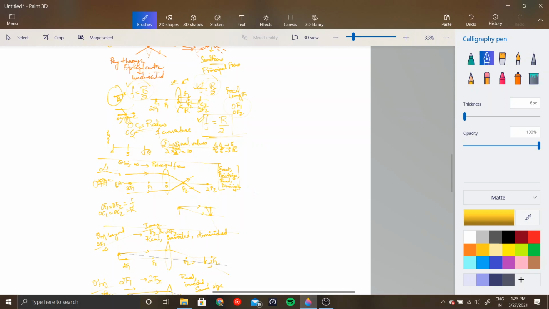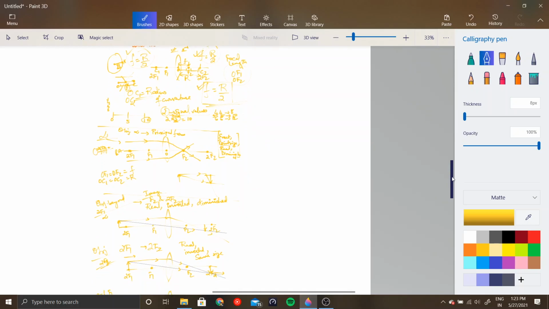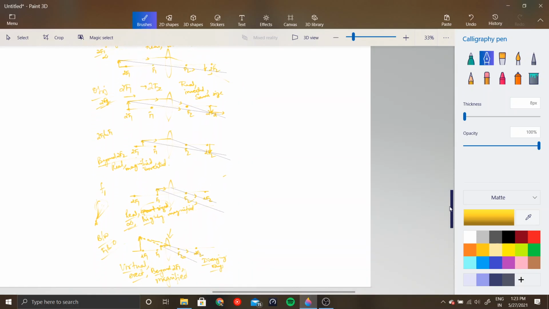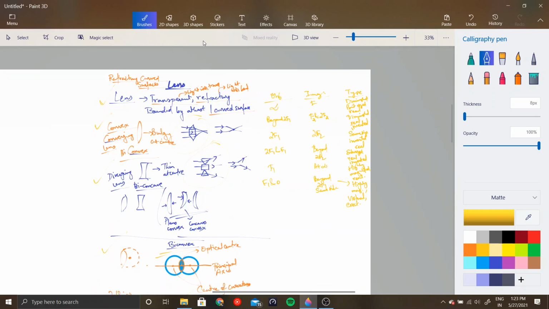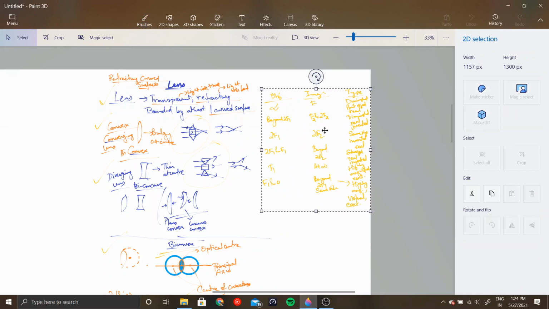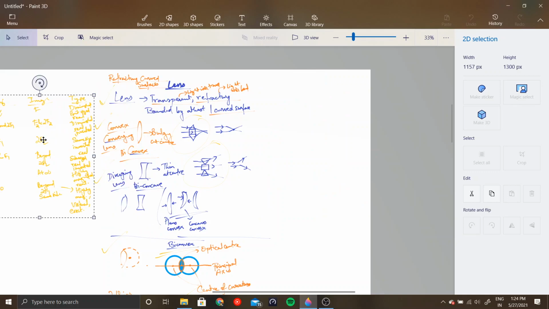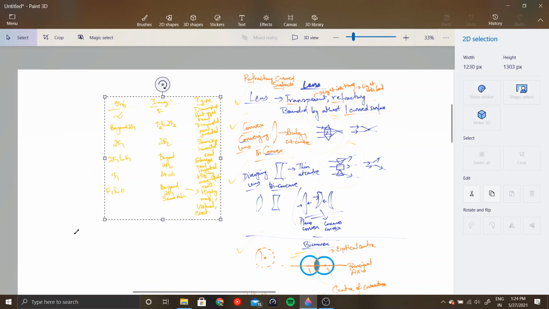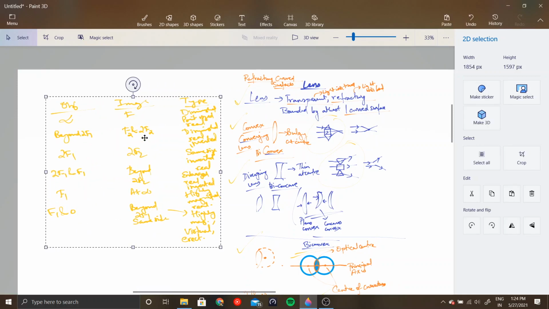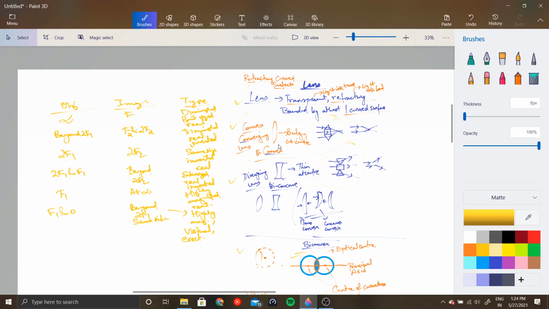When we placed objects at various positions away from the lens, we figured out the distance between the lens and the images and took out the characteristics. I will increase its size so that it's more visible. So this is the chart. All we need is a pencil and a scale, and we need to draw out lines, and we will know where the lens will form an image.